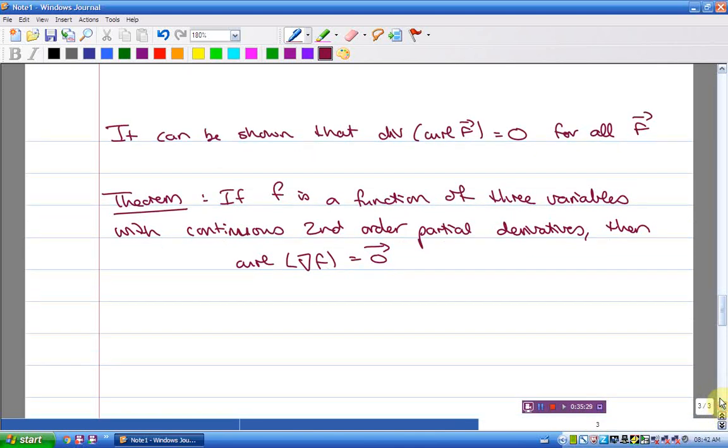Question? The statement about the second order partial derivatives, is that only for f, or is it second order or lower? Can we not have a conservative vector field that has less than the second order partial derivative? I'd have to think about that.